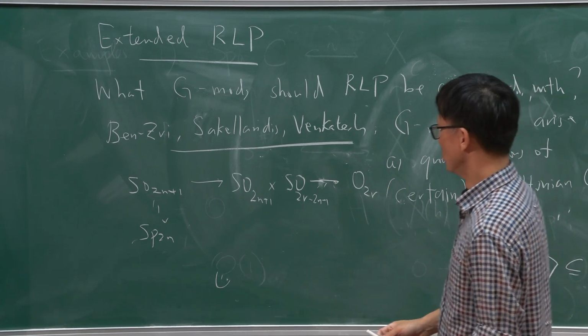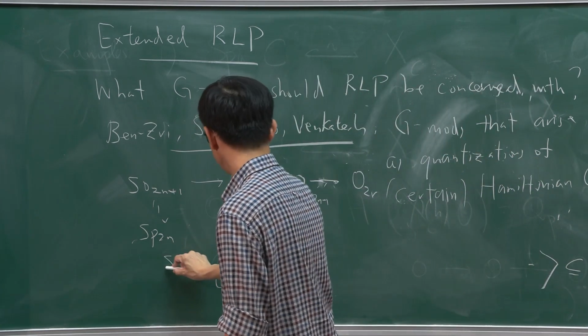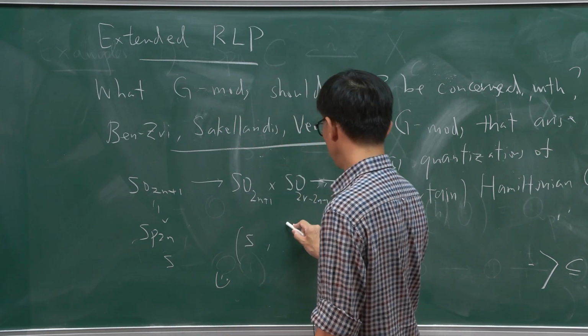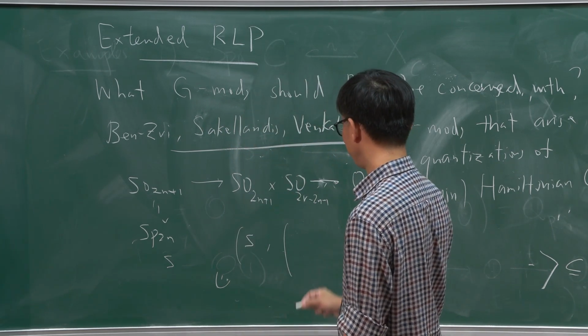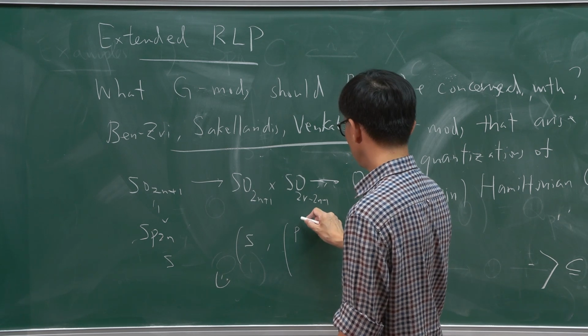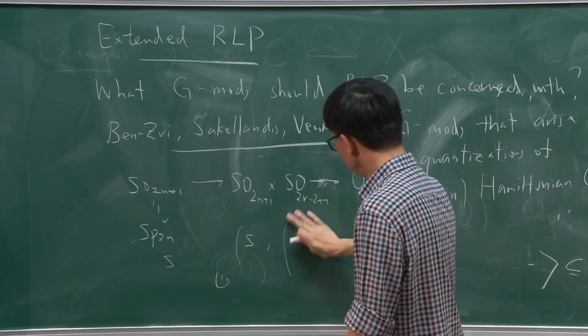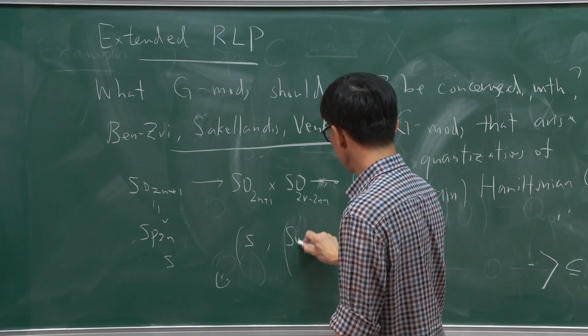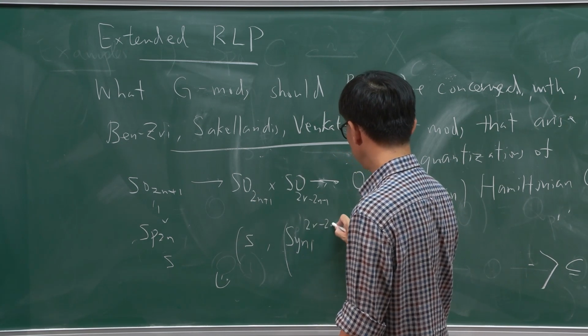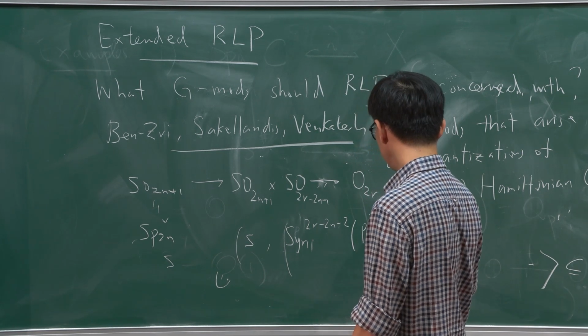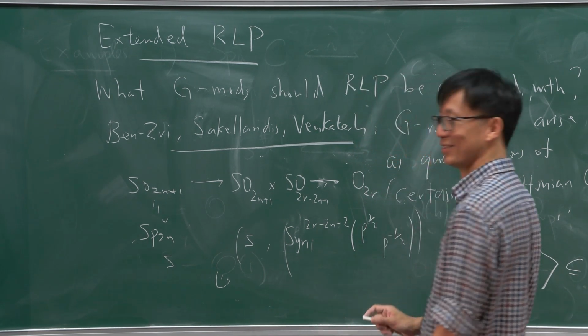So you take your semi-simple class here, you put it there, and over here you put this p to some power, and it's just decreasing, the symmetric power of dimension 2R minus 2n minus 2 of this.